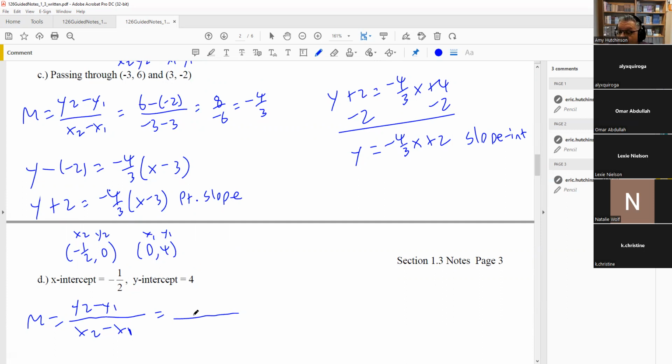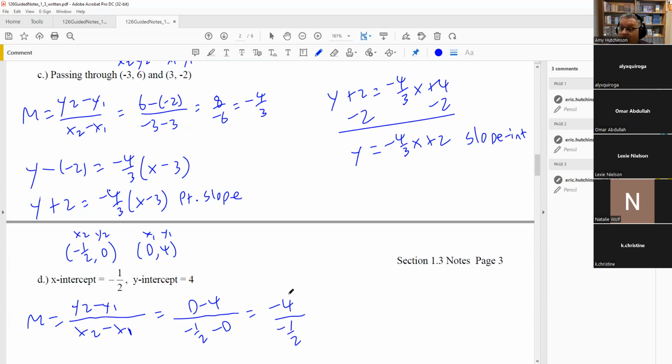So I'm going to do 0 minus 4. In the bottom, I have -1/2 minus 0. So x2 minus x1 goes in the bottom, y2 minus y1 goes on top. On top, I get -4. In the bottom, -1/2 minus 0 is -1/2.